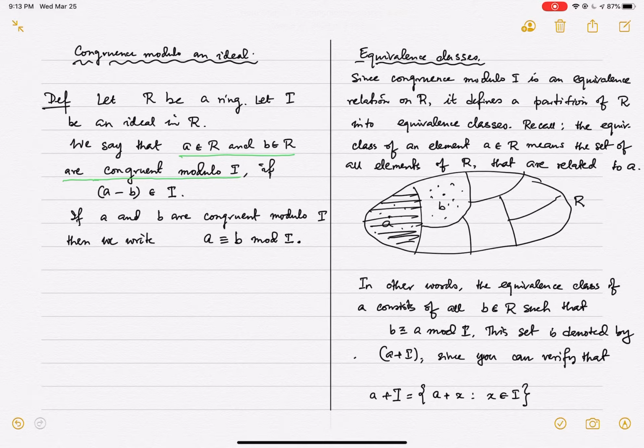So continuing on, some more notation, more nomenclature, let's say. This is such a fundamental concept, there are quite a few words associated that you have to get used to.